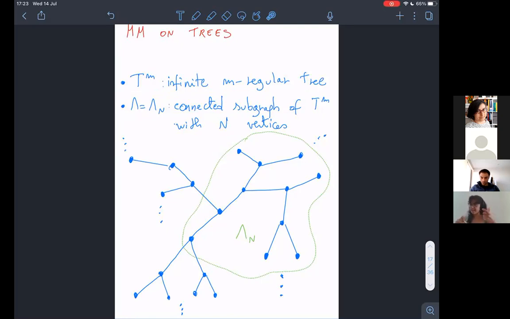So the side of my lambda is going to be replaced by the number of vertices that the subtree has. On this graph, we can define a membrane model, again, with zero boundary conditions outside the subtree, and we can see what happens to it.